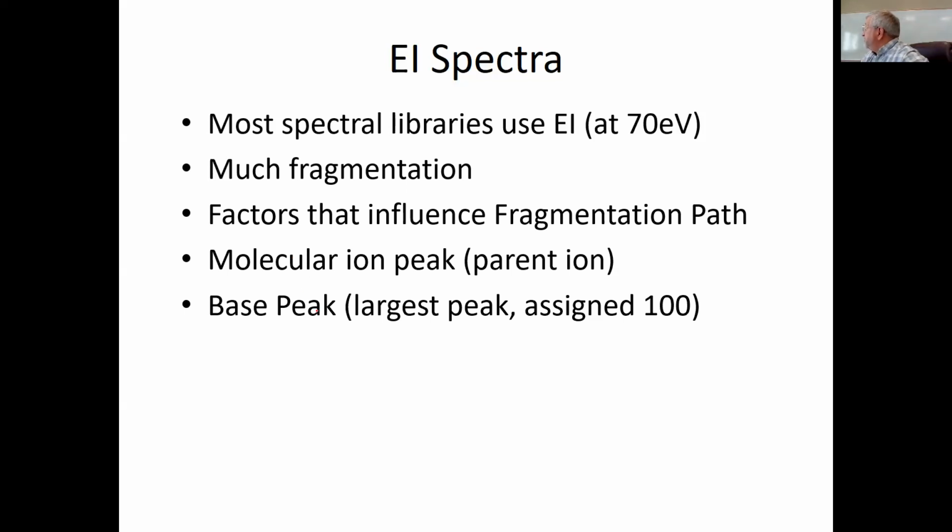So for instance, if that base peak was 1.9 times 10 to the 6, what they'll do is they'll take that, multiply by 100 and divide by 1.9 times 10 to the 6, and you get 100. But then they do the same thing to every other peak in the mass spectrum. And what that gives you is relative ratios of those peaks. We're going to do that with isotope peaks in just a little bit. We're going to normalize it.